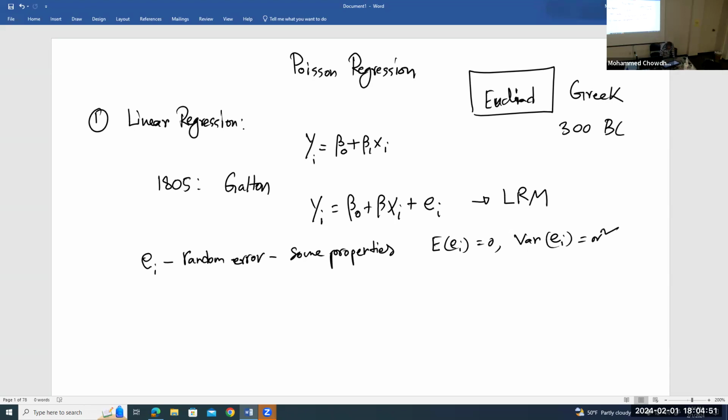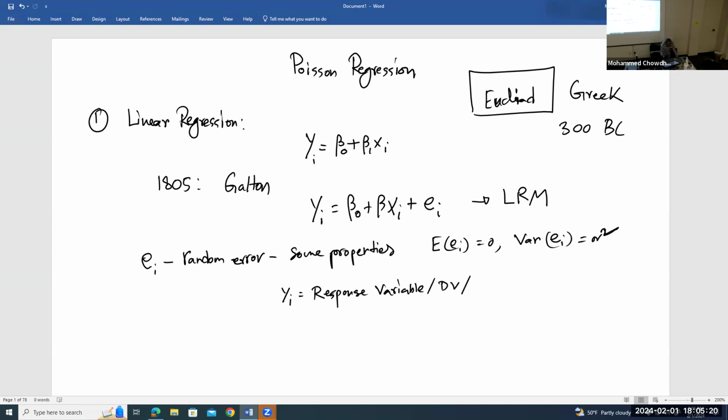This is one important thing, and this yi he called the response variable or dependent variable, DV.